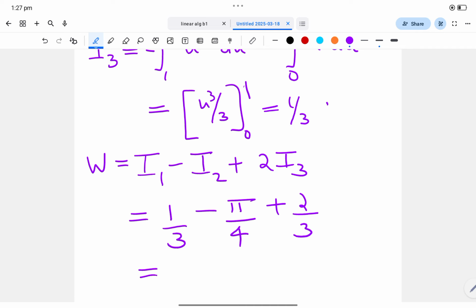Therefore the total sum is in fact our work done. This is equal to 1 minus pi by 4. So the work done by this particular force is 1 minus pi by 4.